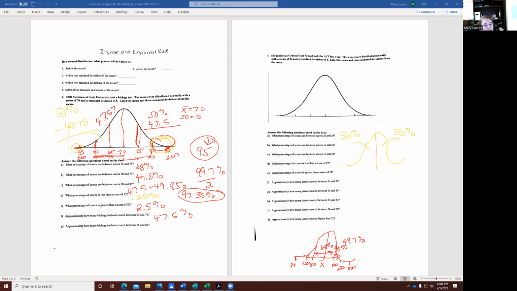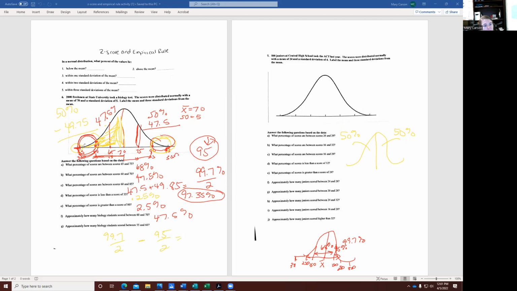The last one is between 55 and 60. We want just between these two, so this one's a little more difficult. You take the 3 standard deviations amount, half of that, 99.7 divided by 2, which is 49.85, and subtract 2 standard deviations, 95 divided by 2, which is 47.5, because we're only looking at half.